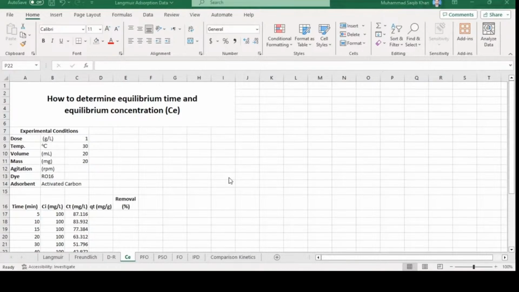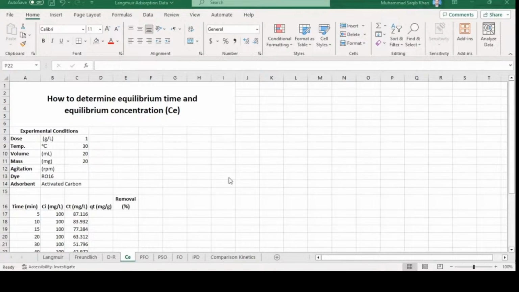So to measure it, you have to run a time experiment. You have to do the adsorption experiment for a longer period of time. In our case, we ran the experiment for 3 hours.